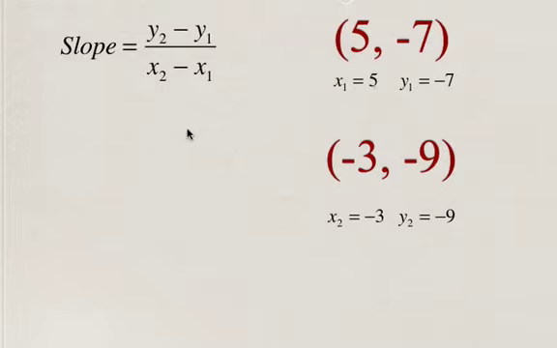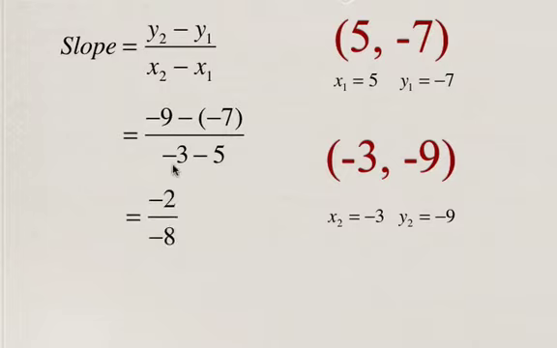So we sub this into our equation. So we're going to sub in for y2 and y1. So it's -9 minus -7, over -3 minus 5. And make sure you sub in correctly. So -9 take away -7 is just -2, and -3 take away 5 is -8.